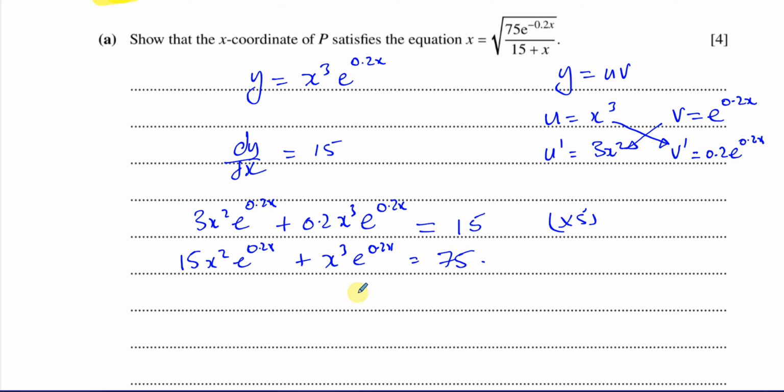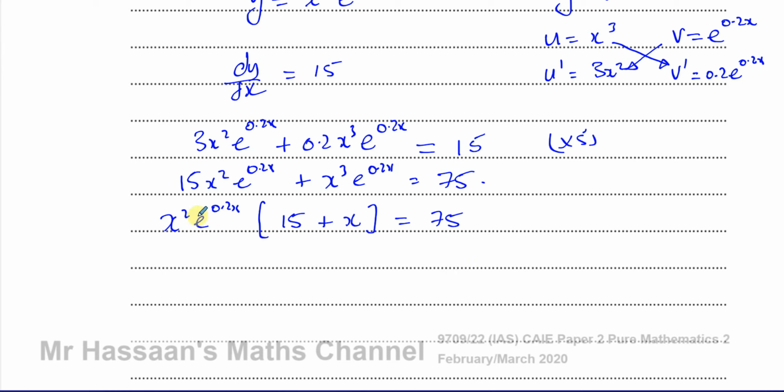They've taken out the common factor x squared times e to the power of 0.2x, and inside we're left with 15 plus x, equals 75. Dividing both sides, x squared equals 75 over e to the power of 0.2x times 15 plus x.